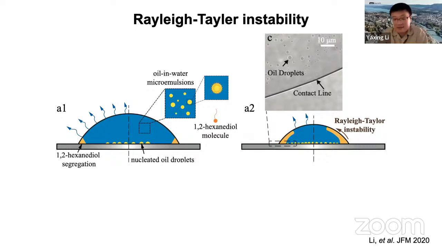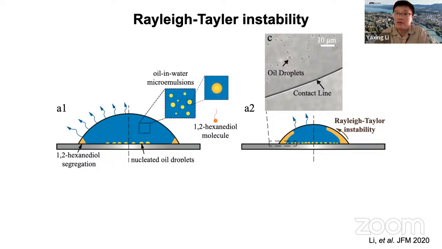Yeah, I know. This is quite a good question. In the first paper, without the silicone oil, just hexanediol and water, we only explained the segregation from the hydrodynamical perspective. We didn't talk about how they separate from the molecular or chemical perspective, because we don't know. We only focus on the fluid dynamics perspective.